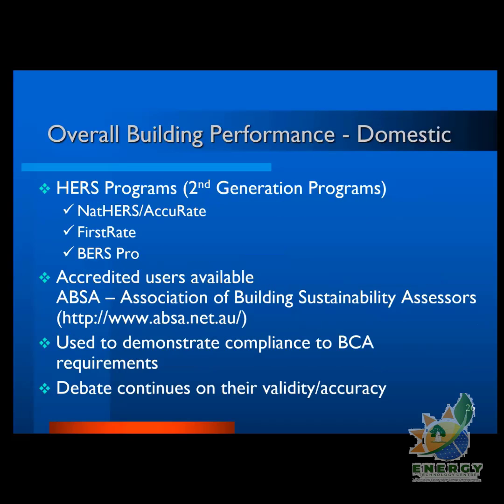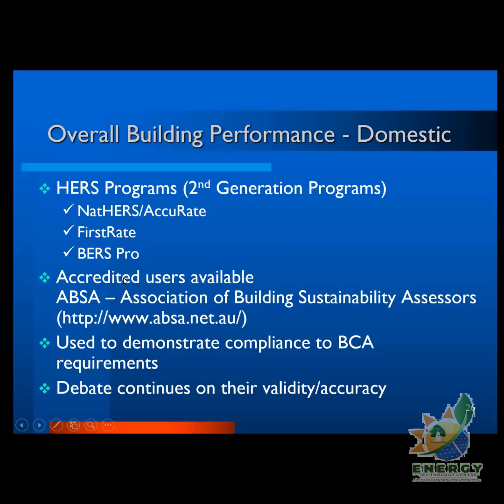Now, if you are talking about some examples of housing energy rating scheme programs, we have the Nationwide House Energy Rating Scheme program. This is widely used in Australia to assess performance of buildings.